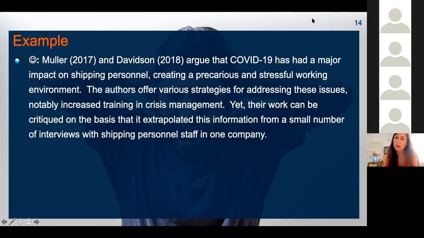The authors offer various strategies for addressing these issues, notably increased training in crisis management, yet their work can be critiqued on the basis that they extrapolated this information from a small number of interviews with shipping personnel staff in one company.